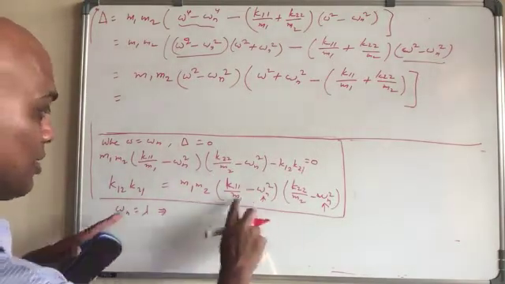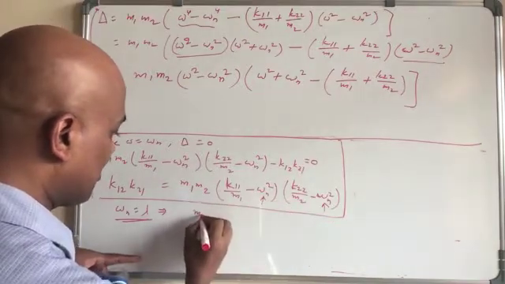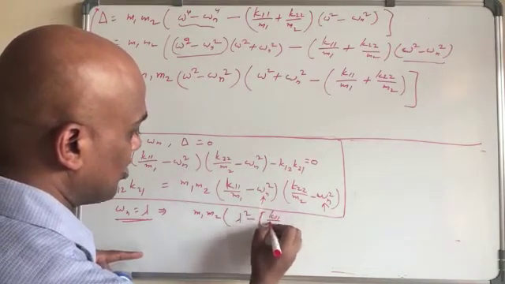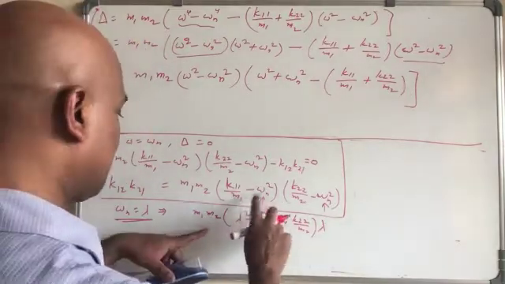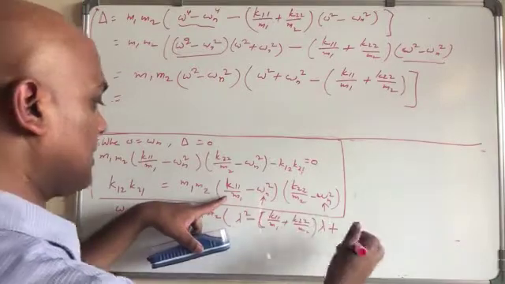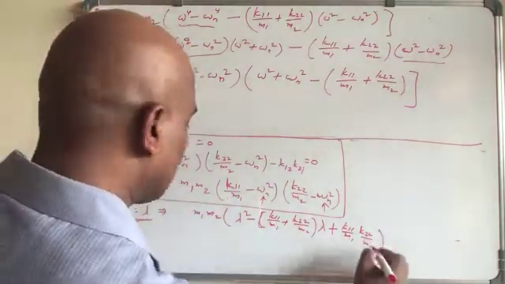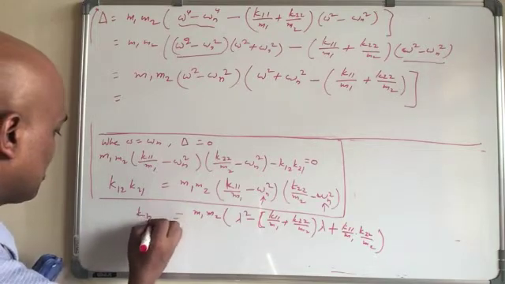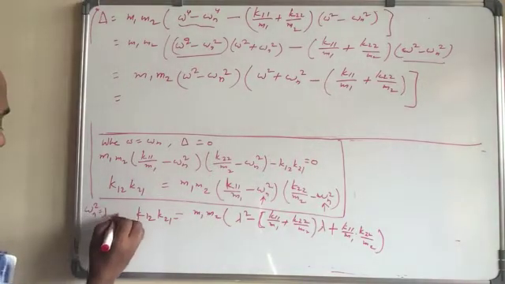So if omega n square equals lambda, then you get the equation m1 m2 multiplied by lambda square minus k11 over m1 plus k22 over m2 times lambda, and then plus k11 over m1 multiplied by k22 over m2, minus k12 k21, when omega n square equals lambda.